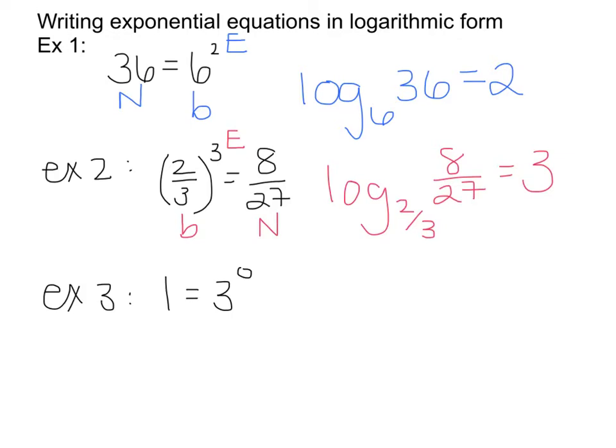Our last example converting to logarithmic form is 1 equals 3 to the 0 power. 3 is my base because 0 is its exponent and 1 is the number. So we write the log base 3 of 1 equals 0.